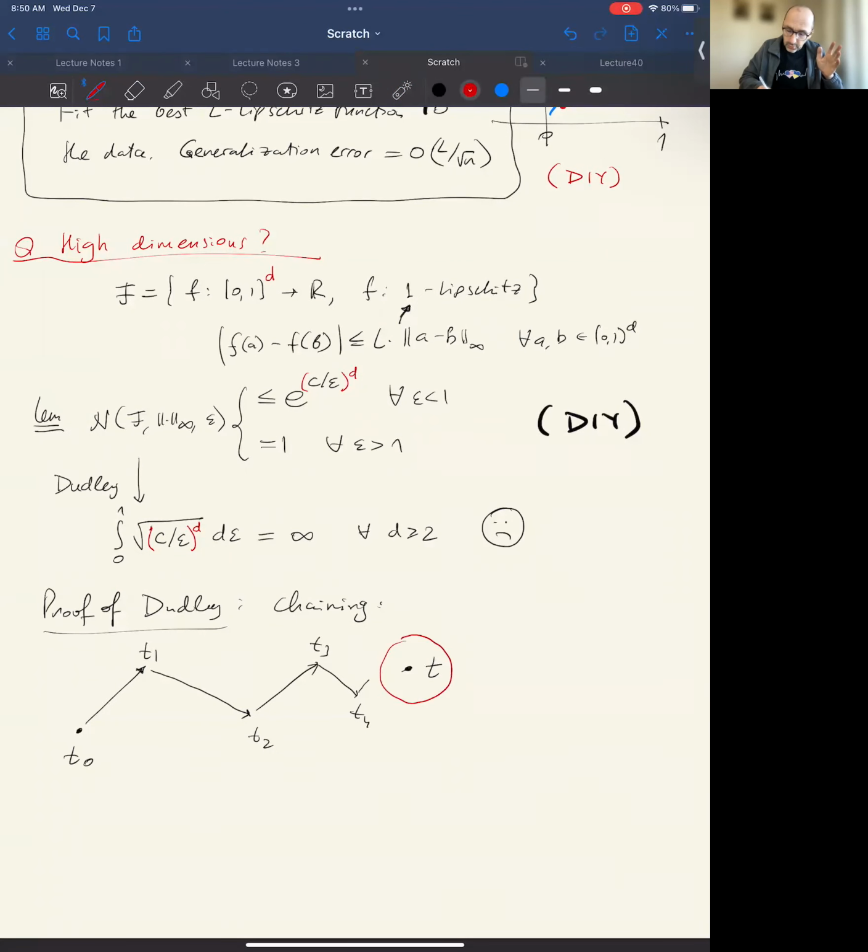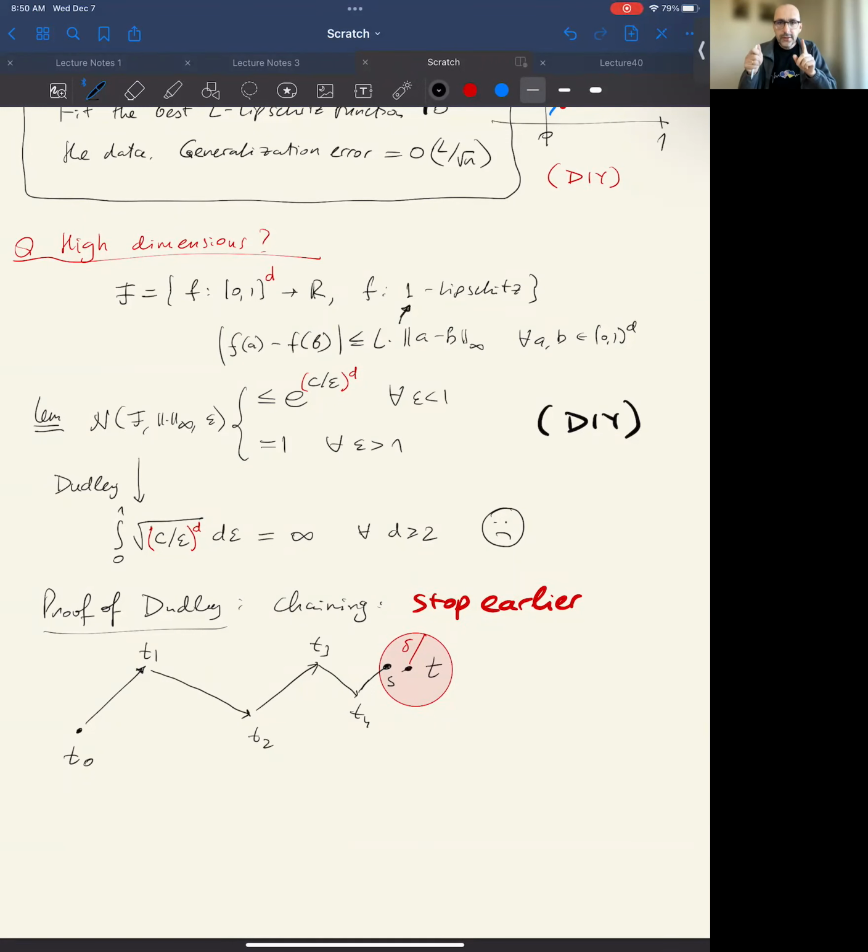Just don't go all the way down to t, just stop short of t, stop earlier. So here's the fix: stop the chaining earlier. Namely, as soon as we get inside the delta neighborhood of t.